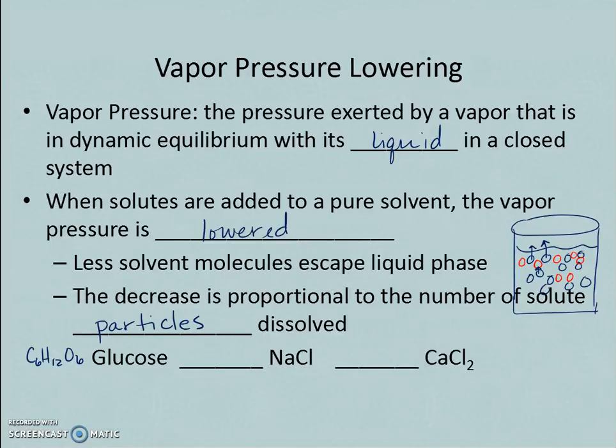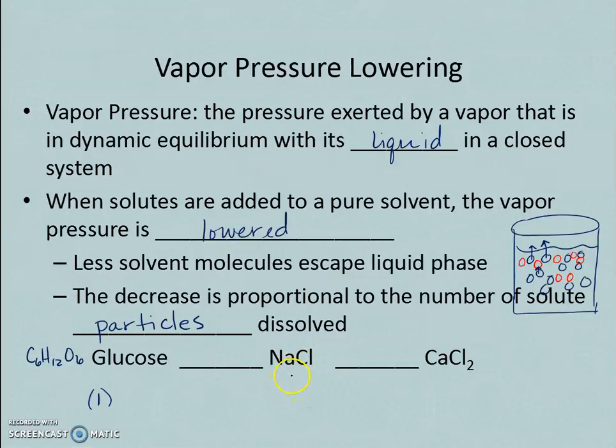So when it dissolves into water, the glucose molecules stay together. They don't dissociate. One molecule of this stays as one molecule in that water. It doesn't break into its ions because there are no ions.